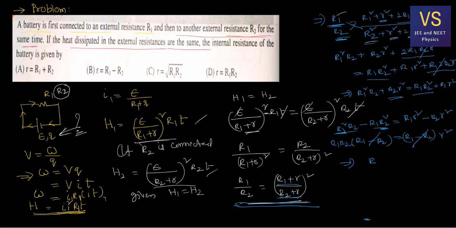So what is finally remaining? R1 R2 equal to small r square. That implies small r equal to square root of R1 and R2. So if that has to happen, the condition is internal resistance of that cell must be equal to square root of product of external resistance of the first case with the external resistance of the second case. This is how we have to solve.